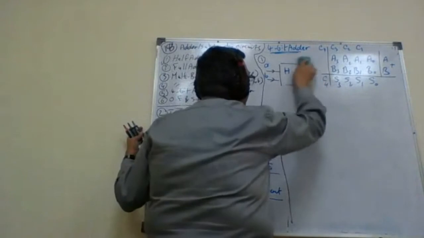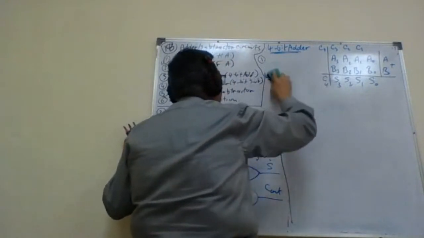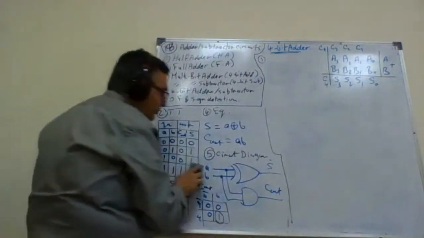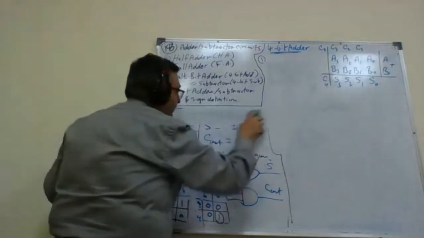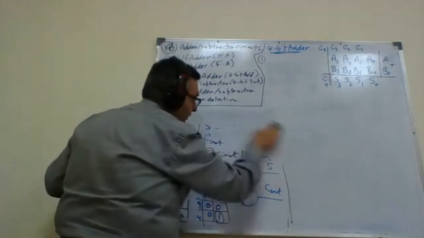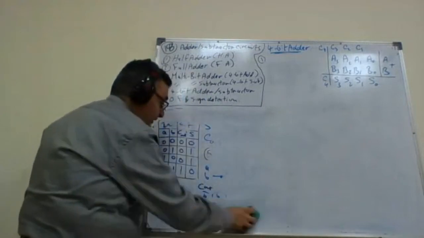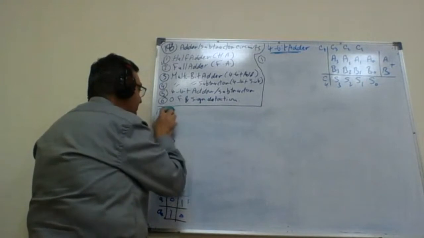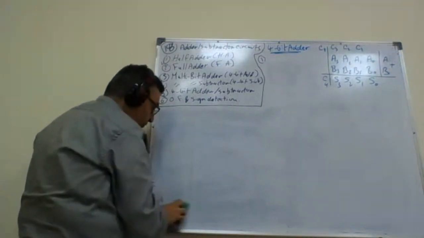So let's remove our half adder here. Okay. And also, let us remove all of the circuit for the half adder. We've already done the implementation of the half adder. But we have ended up, after doing all of this, with a block diagram for the half adder.